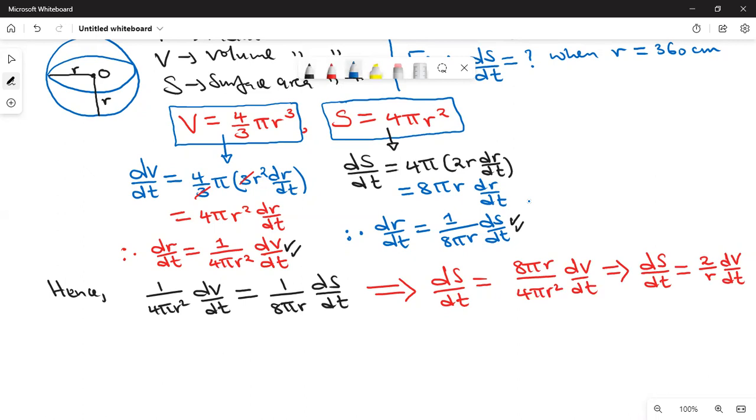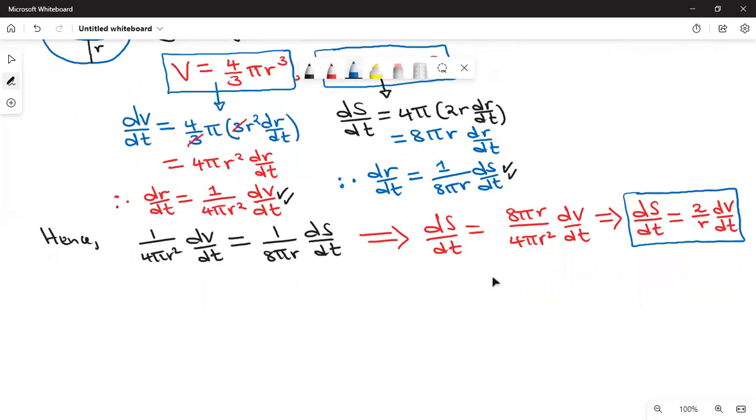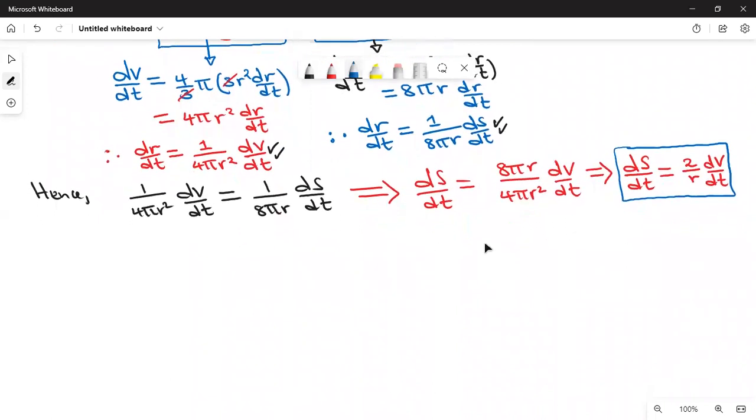You see the task is to find dS/dt. That's why we are eliminating dr/dt, because we don't need to find dr/dt. We are interested in dS/dt given dV/dt and r. So now we substitute what we are given. We are told r is 360 and dV/dt was negative 900.